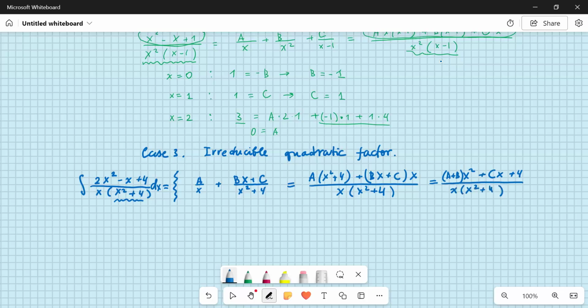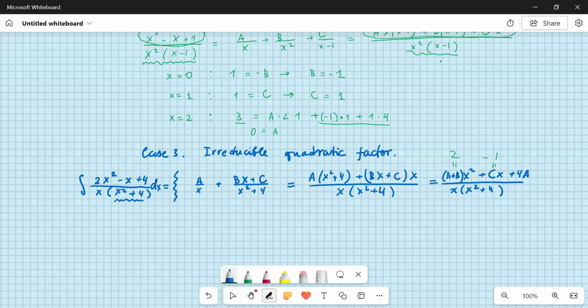Now I need to compare my numerator here and the numerator of the original fraction. And I see that the expression on top is equal to 2, c equals to -1. And 4, I think I forgot to multiply 4 by a when I was copying it. Let me make it like blue 4a.